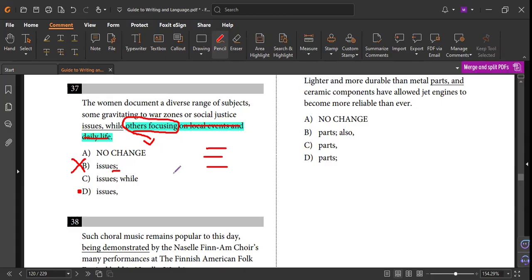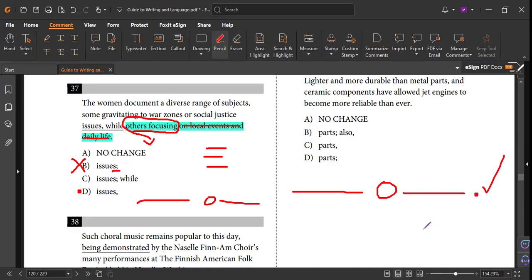Now again, if you would like to use while in the middle between two clauses, as I told you: complete sentence, subordinating conjunction, complete sentence, full stop, correct. But here, after while, it's not a sentence, so it's wrong. Here the same again. After while, it's not a sentence, so C is wrong.